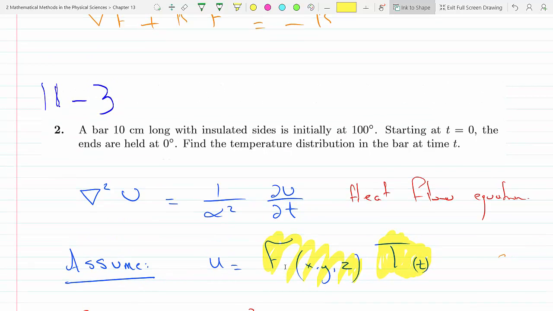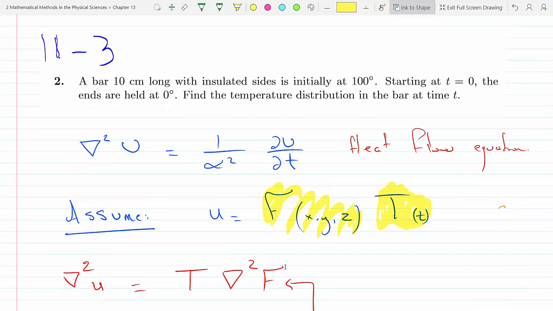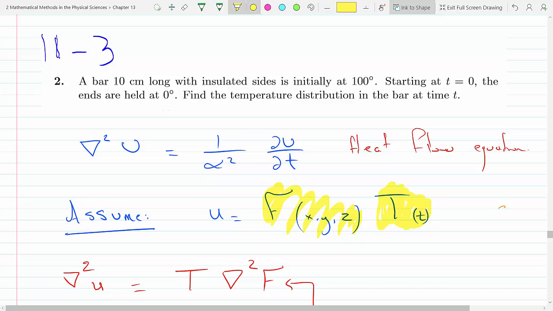The way we do this is we start by differentiating and plugging back into the differential equation. That's in general how we solve differential equations, right? We make an assumption on what the solution is, and we substitute it back into the differential equation. So now I am taking derivatives. I will do del squared U, and T does not depend on x, y, and z, only F does.